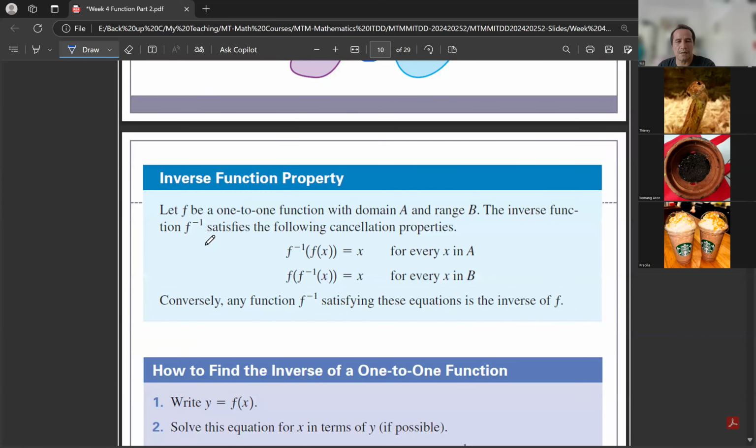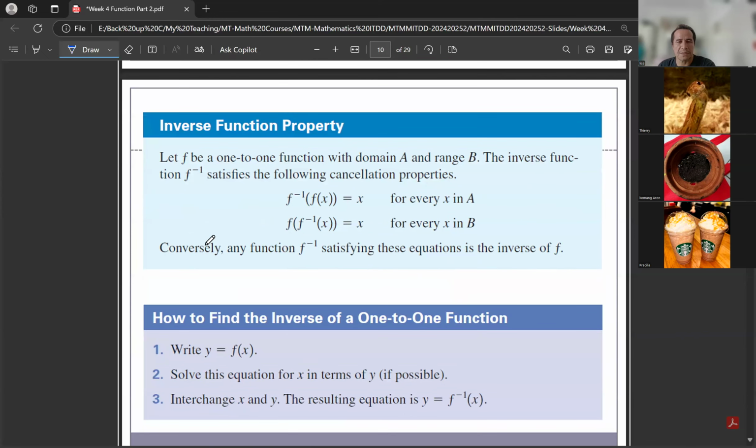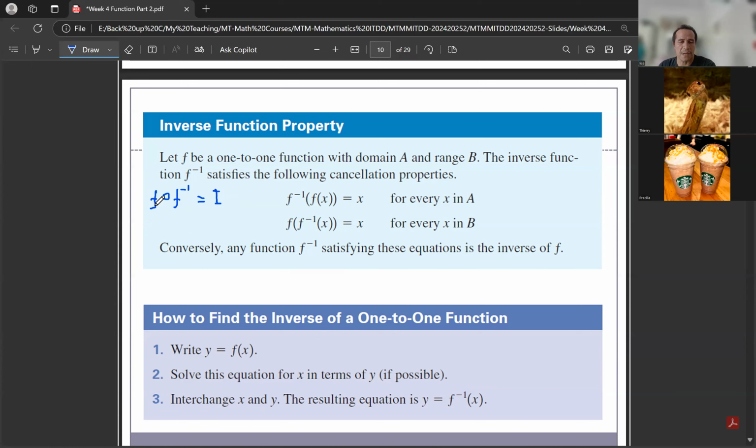Okay, what is the property of inverse function? The property says that if we compose f with f minus 1, or inverse of f, the result will be identity. This is from the left.